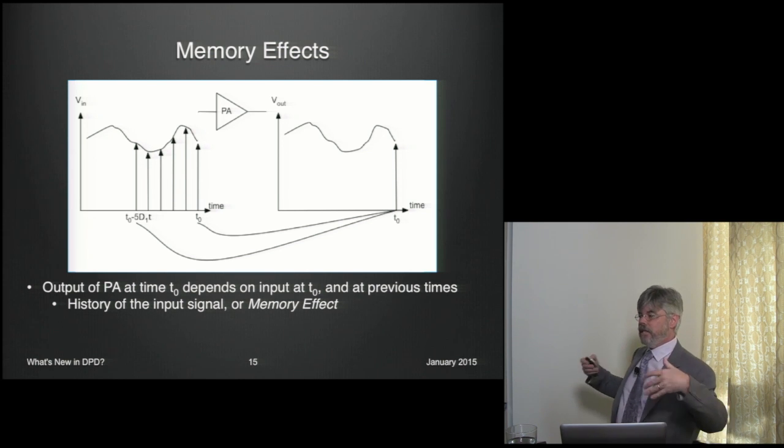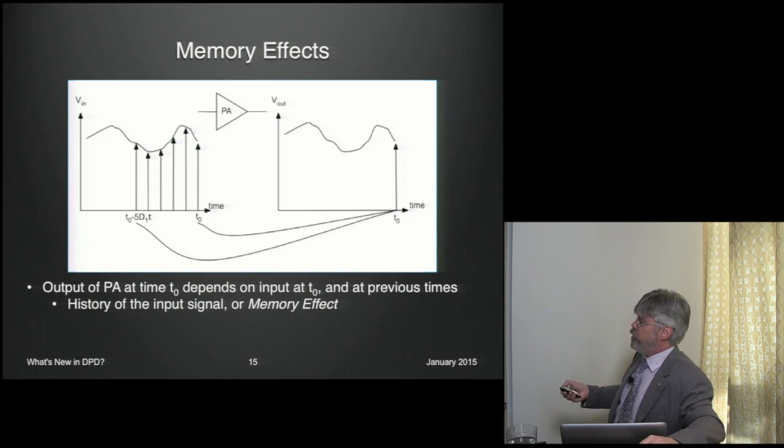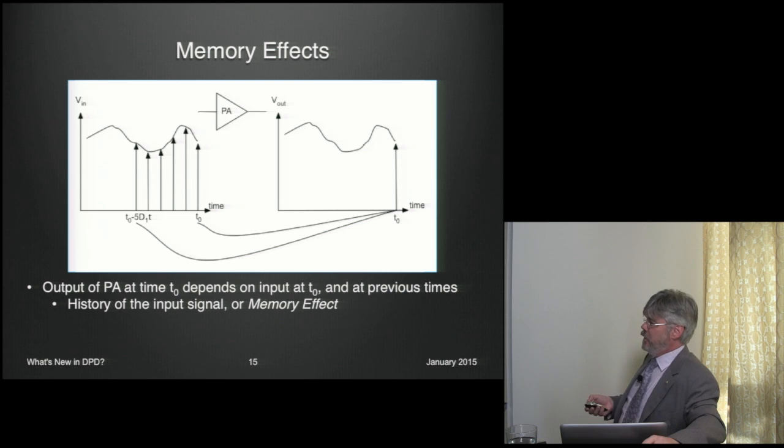So things like that will affect the way that the PA behaves, and you've got to accommodate some history. And in fact, Boyd and Chua showed about 15 years ago that having a finite memory is essential for being able to build behavioral models and DPD systems.